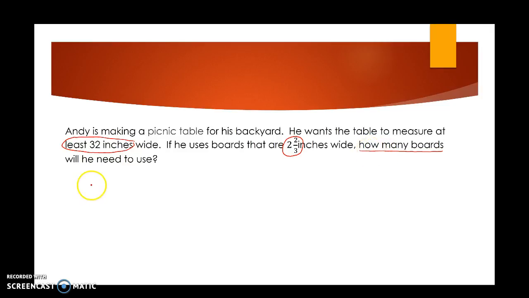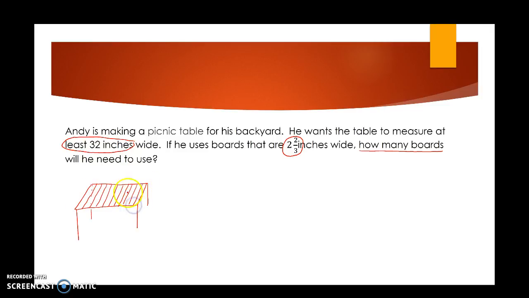So I'm going to go ahead and draw a picture because I like pictures and they're super duper helpful. So do you guys know which operation we're doing yet? You probably do, huh? So we want to make a table, and we are using boards that are 2 2/3 inches each. So what operation are we going to do?